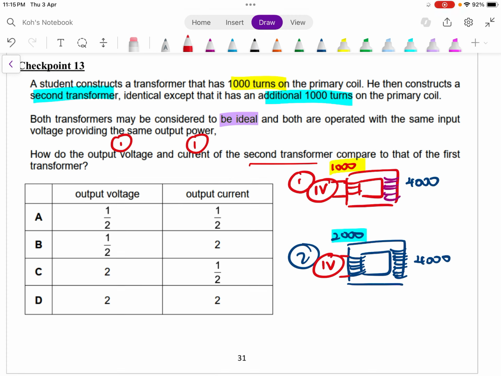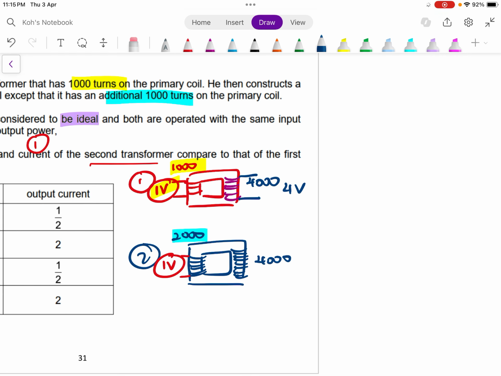For example, for the first transformer, I just think of it as 1000 on the primary coil, and then of course the secondary coil, maybe I put it as 4000. If my input voltage is, let's just say, 1 volt, then the output voltage will be 4 volts, because you just use the ratio, right?